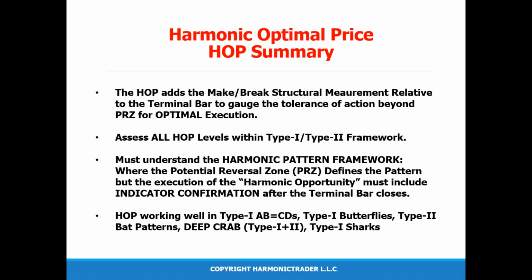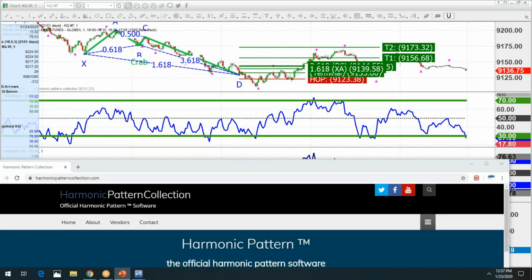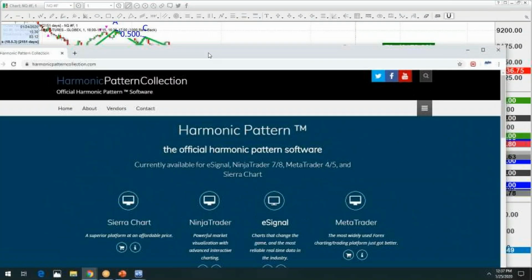And then the BAT patterns, we're seeing them in particular on the type 2 retests. They seem to love to go above the 886 and then go. Finally, to a lesser extent, the type 1 shark patterns, they're working quite well, and we'll check out a few of them. We want to go to Harmonic Pattern Collection.